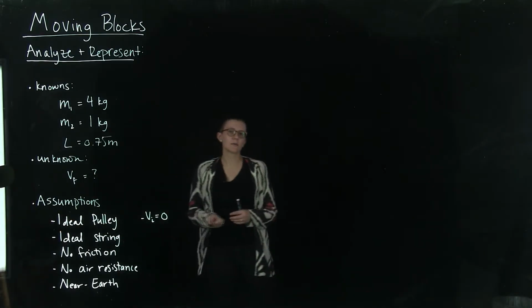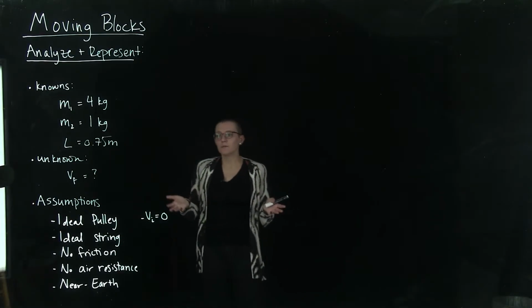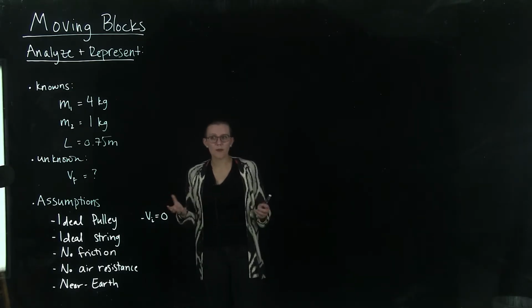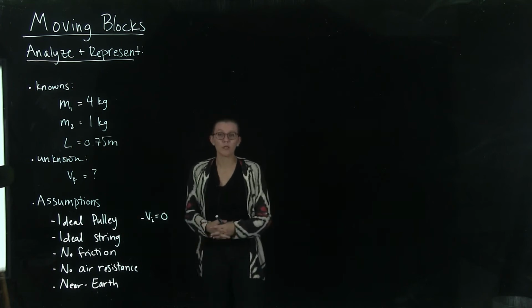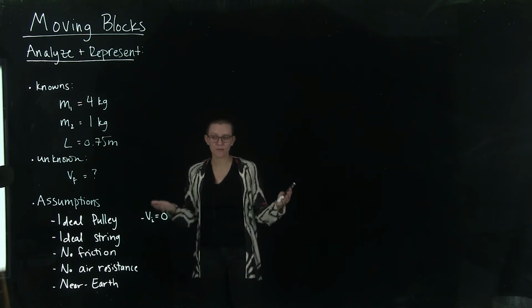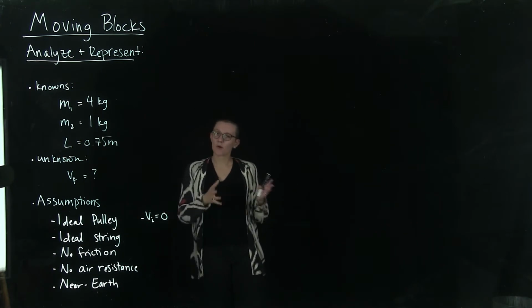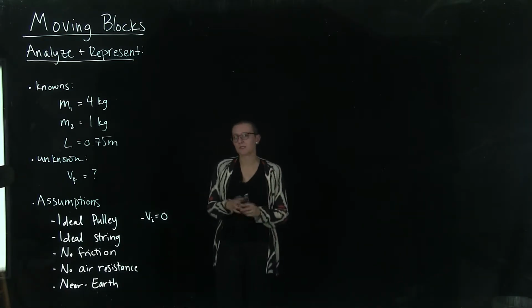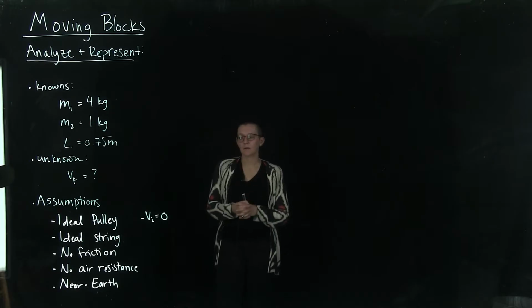So are these reasonable assumptions to make? For the problem, they could be reasonable assumptions to make. Maybe the pulley is relatively small. Maybe you don't have a very massive pulley, in which case you might be concerned about the mass of the pulley. In this case, in the problem statement, it says it is a massless pulley, looks relatively small, so this might be a good assumption to make in this situation.